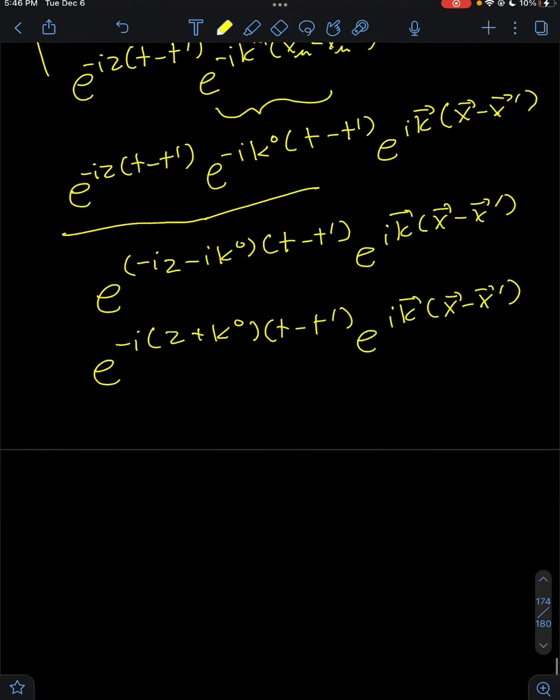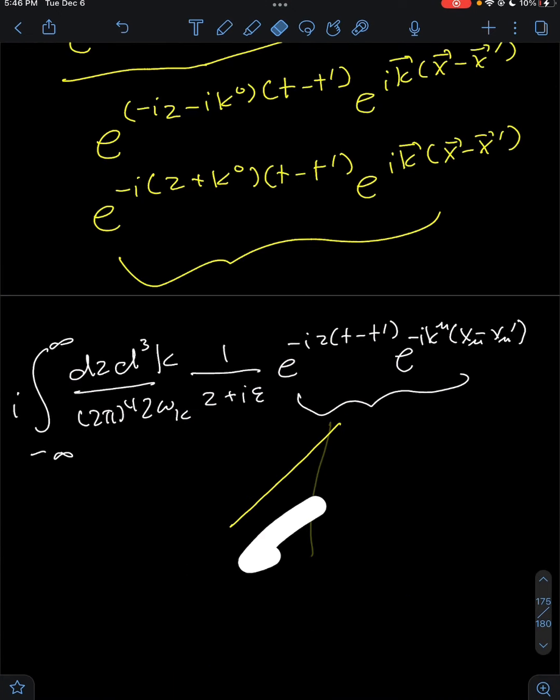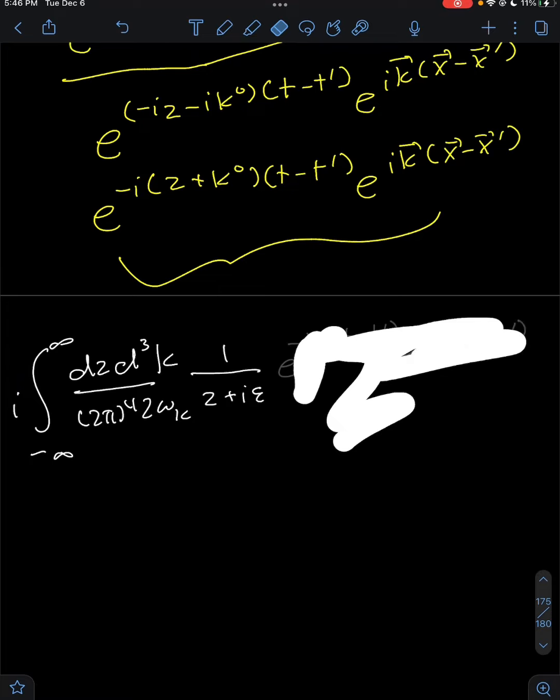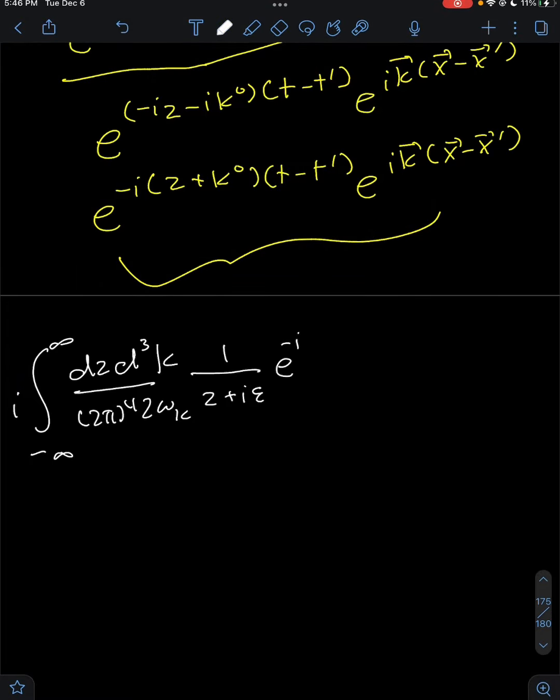So what can we do now? Well, we can plug this guy back into the integral. We found that this was just e to the minus i (z plus k_0) times (t minus t prime), times e to the i k dot (x minus x prime).